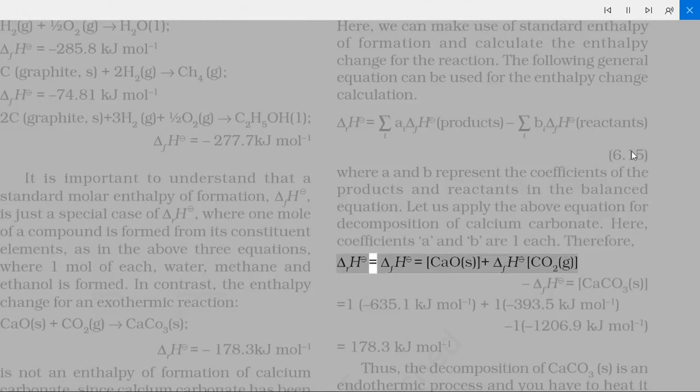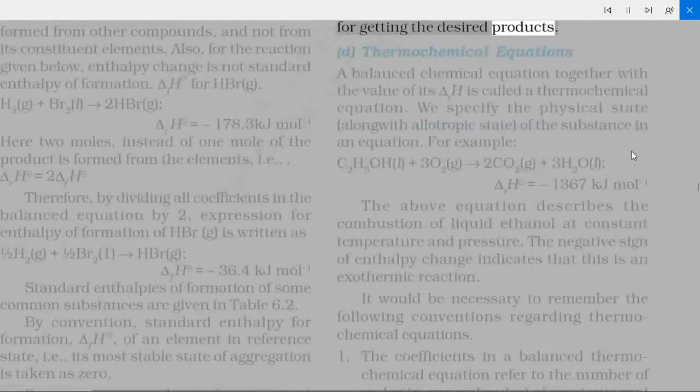Therefore, ΔrH° = ΔfH°[CaO(s)] + ΔfH°[CO2(g)] − ΔfH°[CaCO3(s)] = −635.1 kJ mol⁻¹ − 393.5 kJ mol⁻¹ + 1206.9 kJ mol⁻¹ = 178.3 kJ mol⁻¹. Thus, the decomposition of CaCO3(s) is an endothermic process and you have to heat it for getting the desired products.